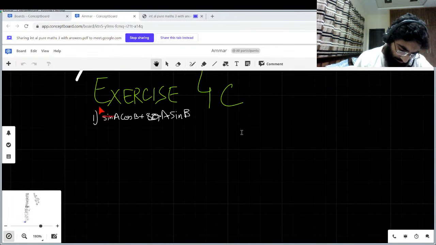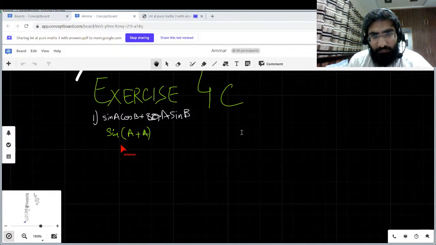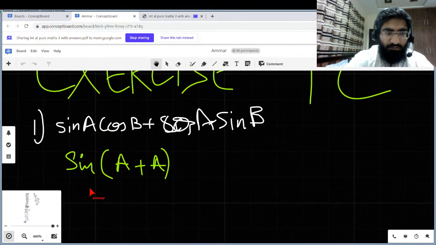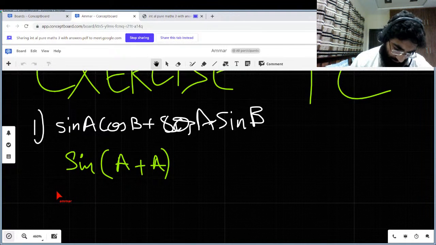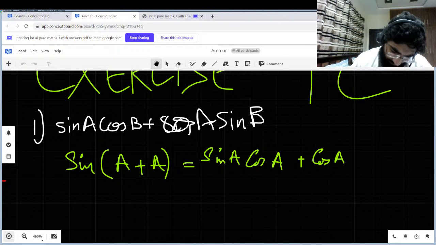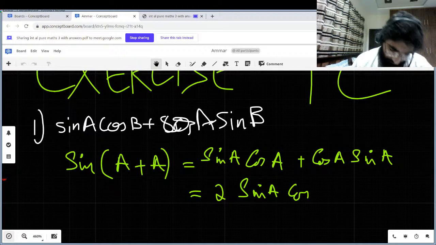For sine 2A, your formula would be sine of A plus A, and then you apply the previous identity that you learned, which is equal to sine A cos A plus cos A sine A. Since both are the same terms, you get 2 sine A cos A. So this is why sine of A plus A is sine 2A.